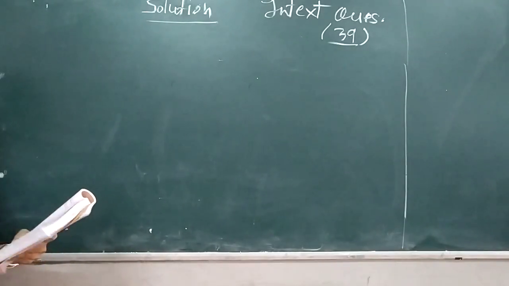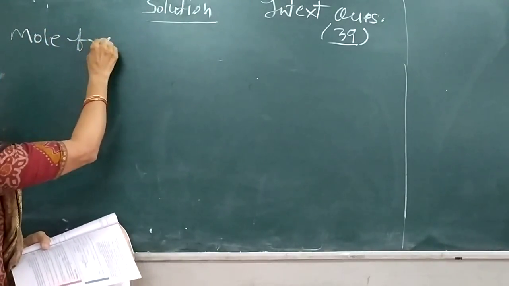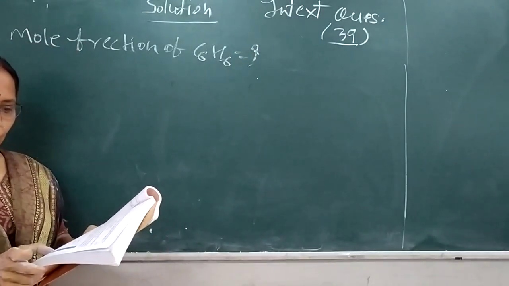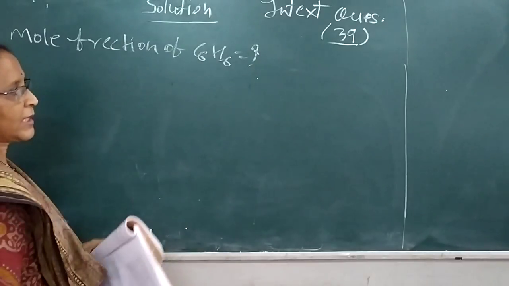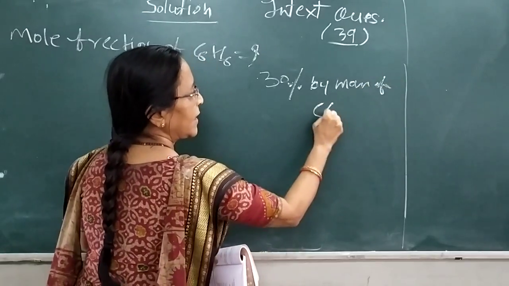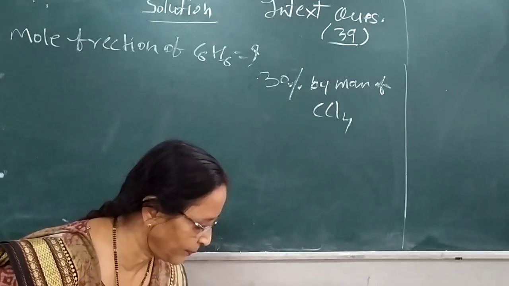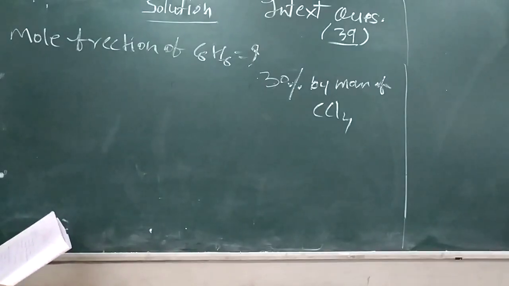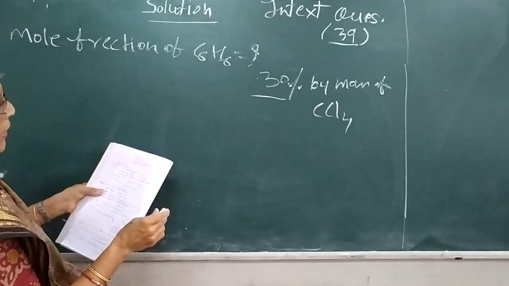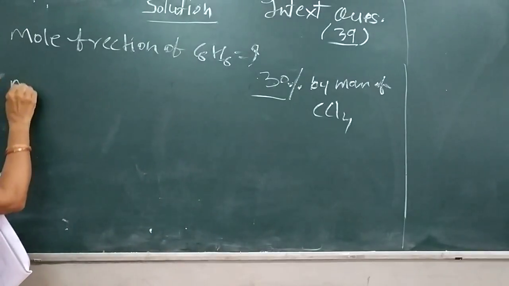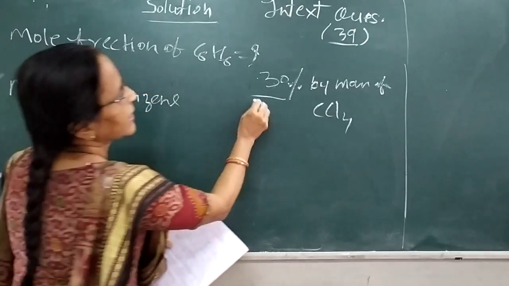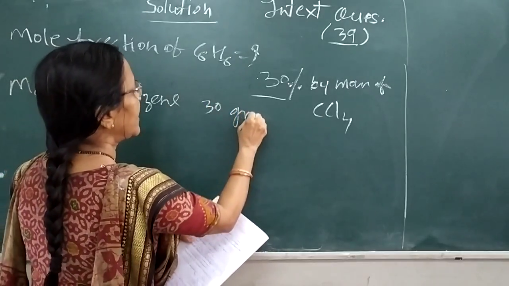Question number 2. Calculate the mole fraction of benzene, C6H6, in a solution containing 30% by mass of benzene. So the mass of benzene is given as 30%, which means 30 grams.